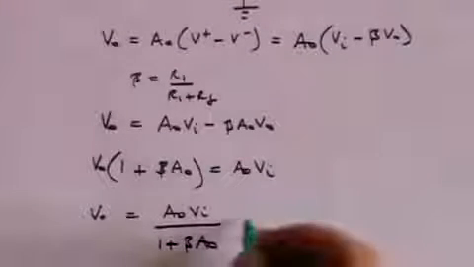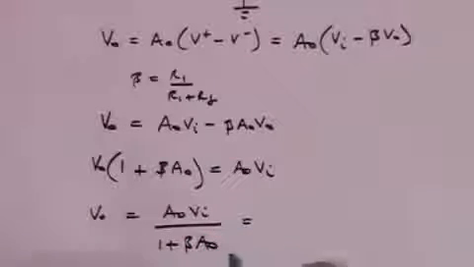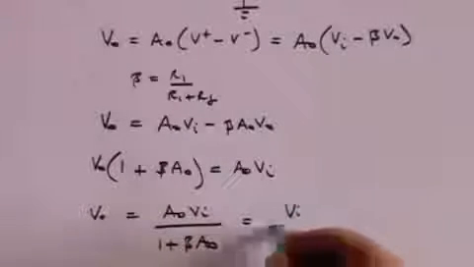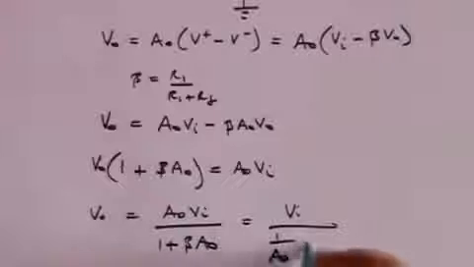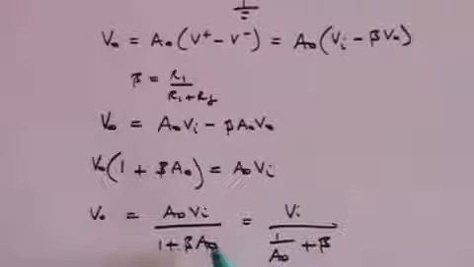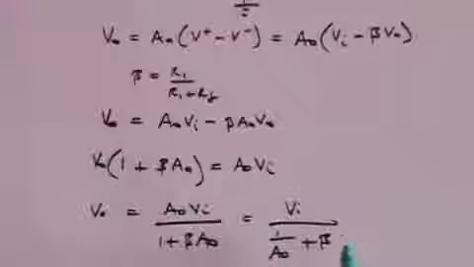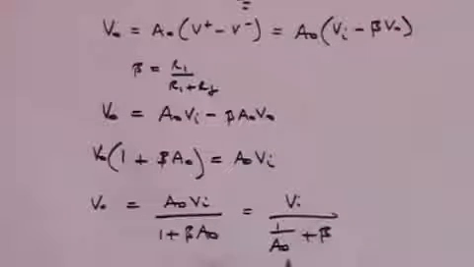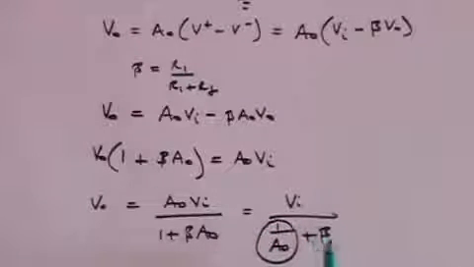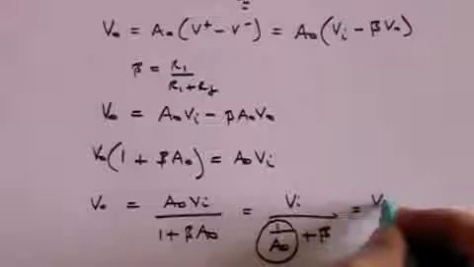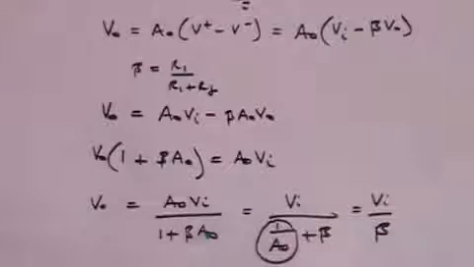And if you divide top and bottom by A naught, you get V in divided by 1 over A naught plus beta, because beta times A naught divided by A naught is beta. Now, if A naught, that is the amplifier gain, is very large, then this term here reduces to 0 and you get V in divided by beta.